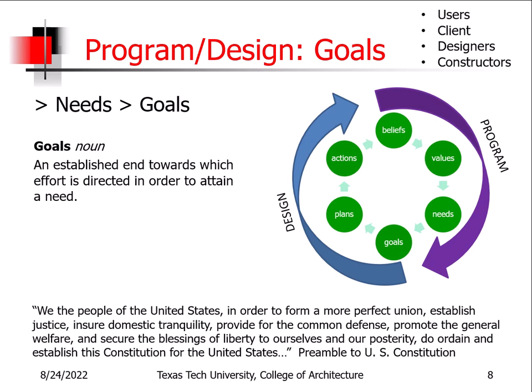So we valued freedom, and we needed a government to protect us and our freedoms. And so, therefore, we established a goal of a constitution, to create a constitution that would define how we govern ourselves.